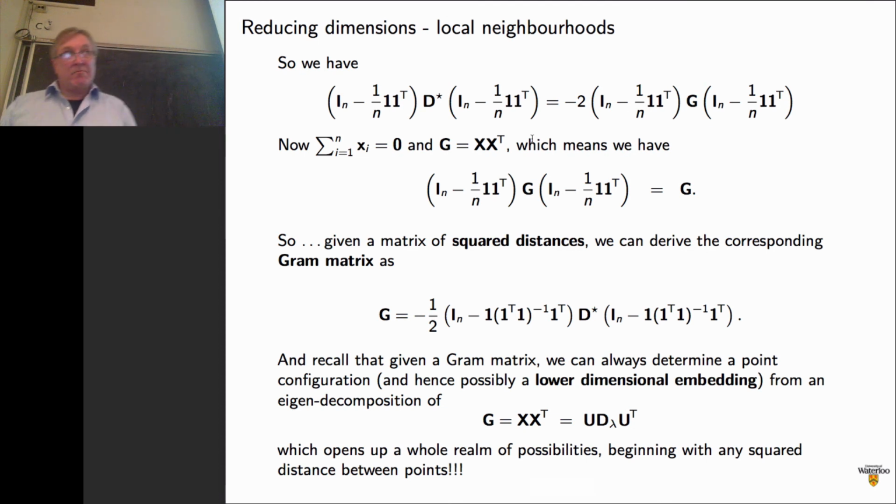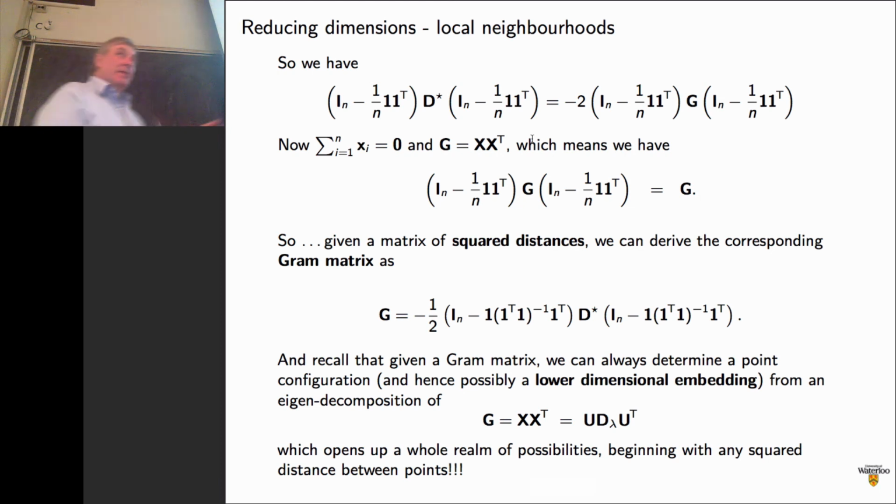And if I have the gram matrix, I could do an eigendecomposition of that, do a principal component analysis. Any questions?